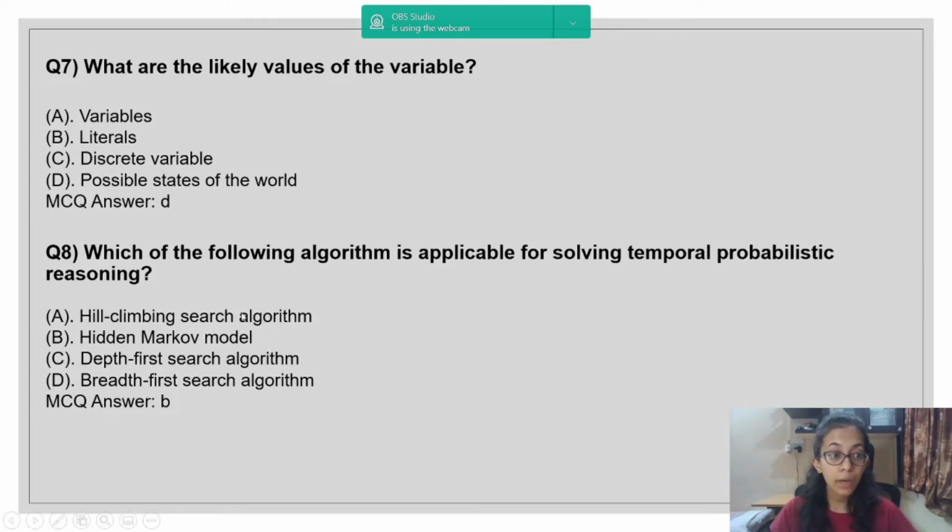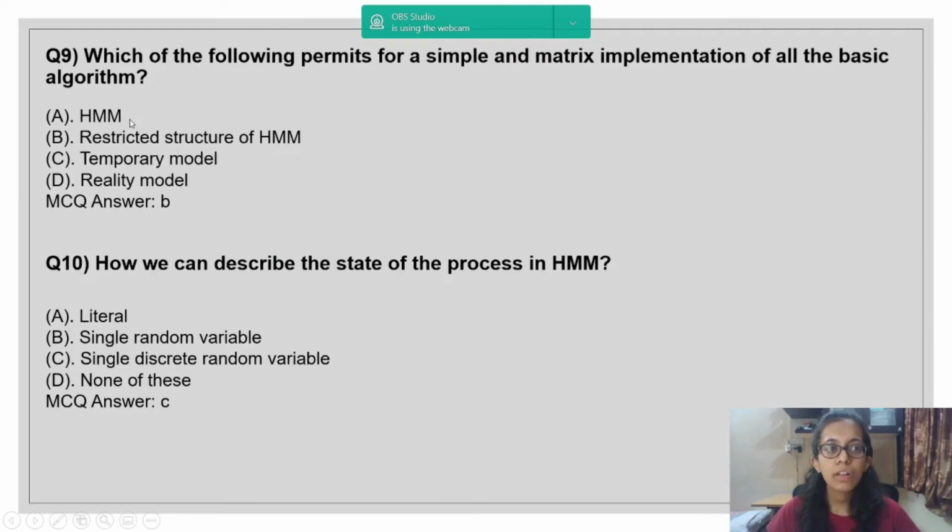Options A, C and D are all based on dividing their data into branches. So here we can use this approach to find the answer is B, or we can also tell that temporal probabilistic reasoning, which is basically on time finding models or finding data set at a specific moment, we use HMM, or option B.